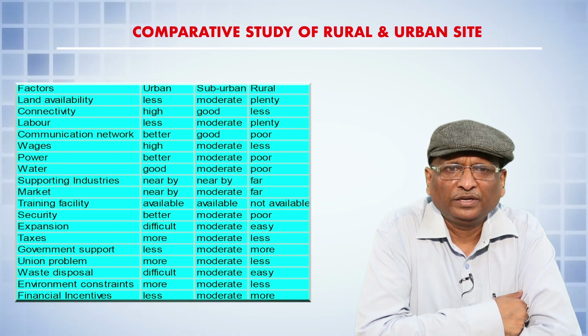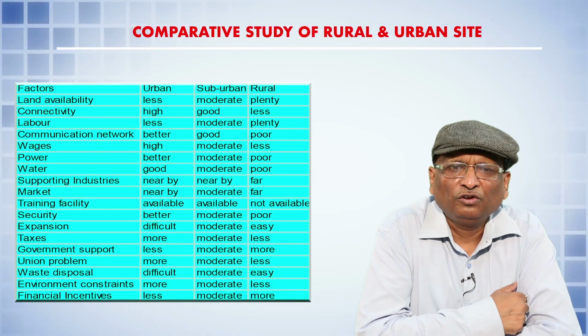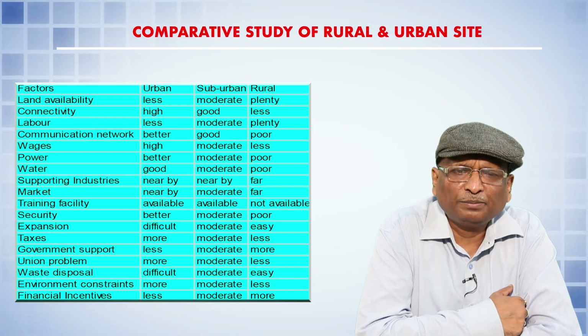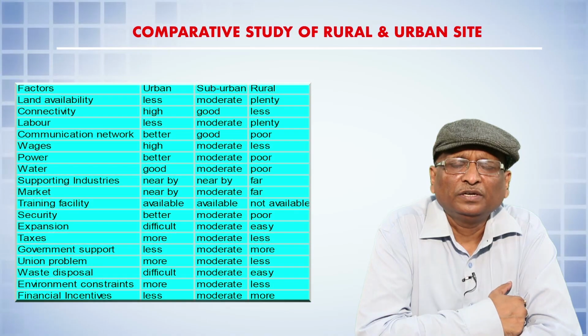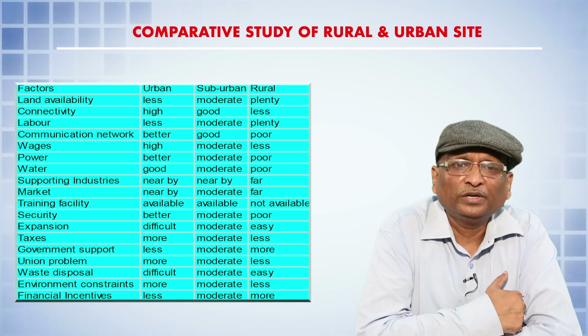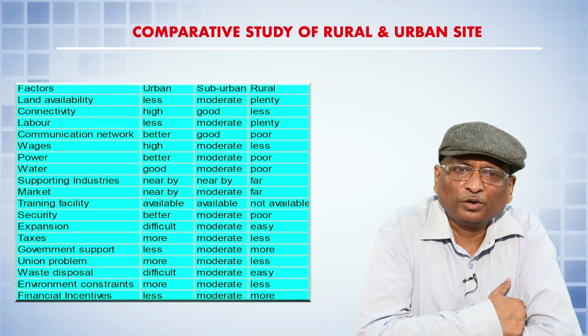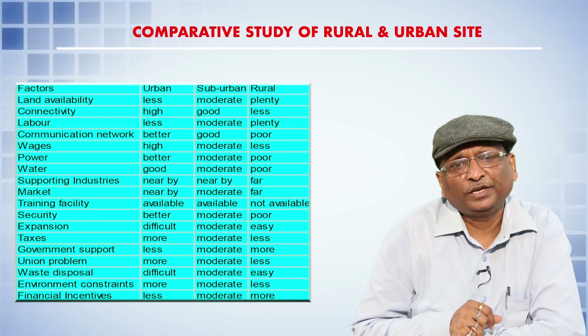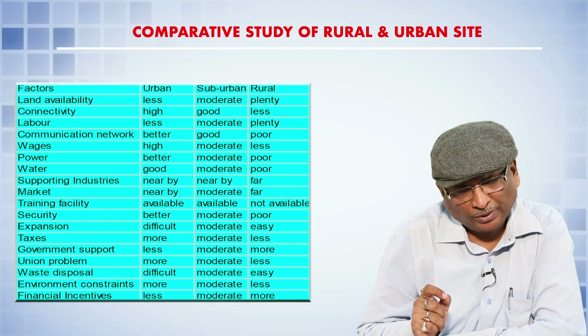Waste disposal, environment constraint, financial incentive. Sometimes the government gives a low interest rate financial loan for making business or developing a unit in the case of a particular location.